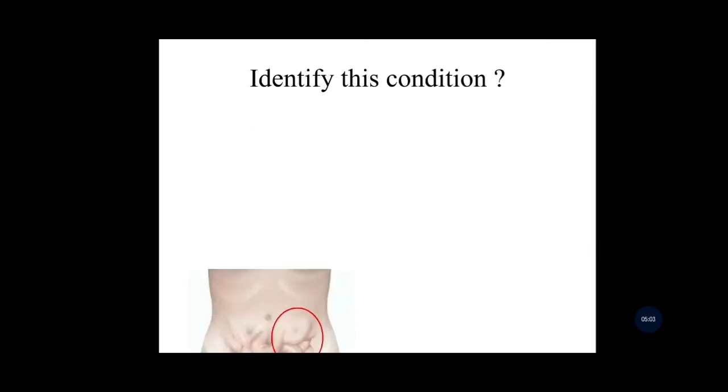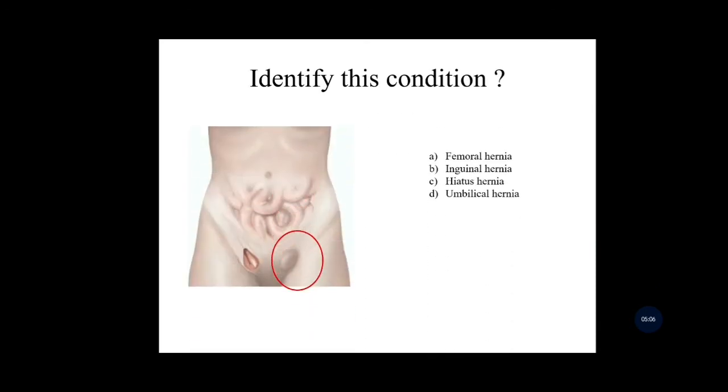Identify this condition. Options: femoral hernia, inguinal hernia, hiatus hernia, umbilical hernia. The answer is inguinal hernia, because it is in the inguinal area. Next, identify this sign.